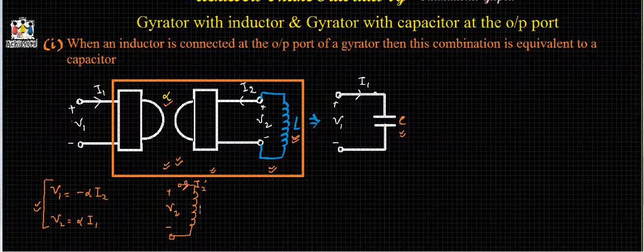value of inductor is suppose L, then we can write V2 is equal to L dI2 dash upon dt. Here the value of this I2 is opposite to that of I2 dash, so we can say I2 dash is equal to minus I2.